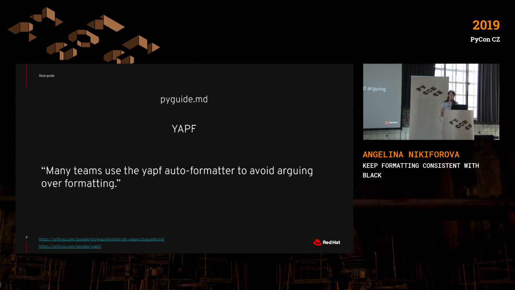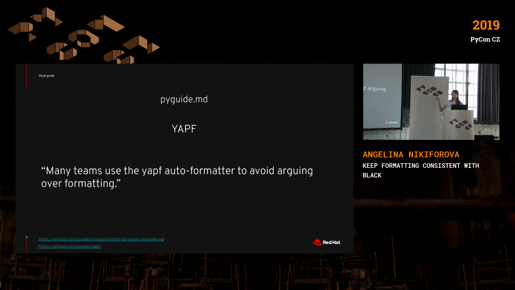The answer is quite simple: by applying a style guide. Usually teams and companies go beyond PEP8 and create their own style guides. One of the most well-known, well, it became well-known, is Google's PyGuide MD, which is very nice. But by the way, maybe not everyone heard that Google created their own auto-formatter named YAPF, which stands for Yet Another Python Formatter.